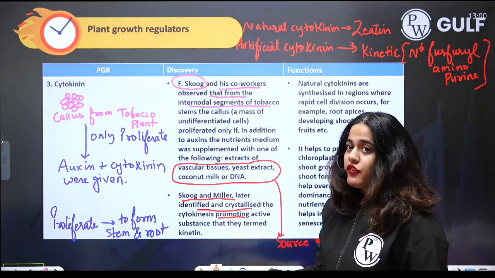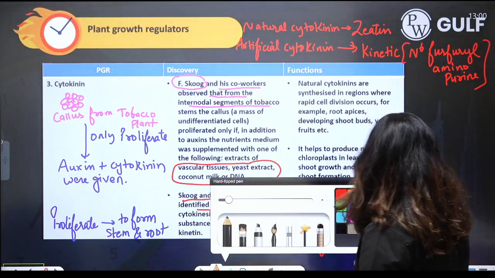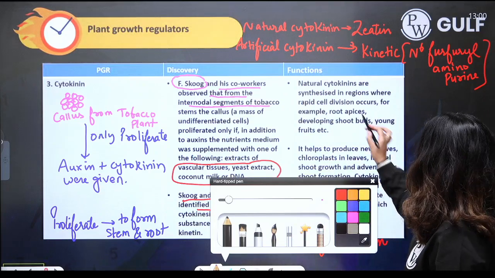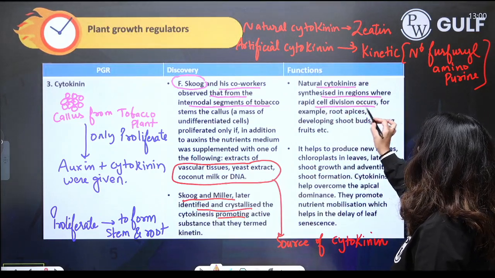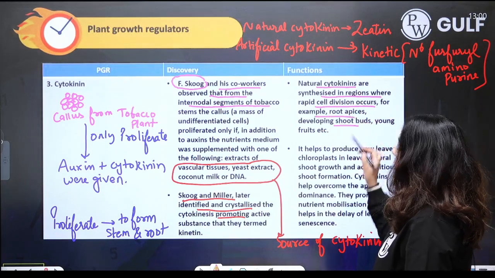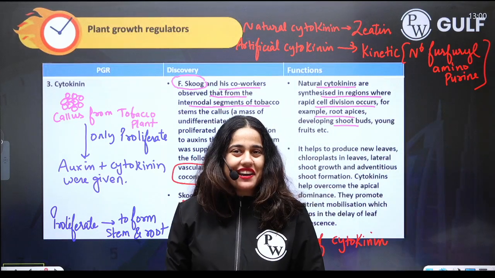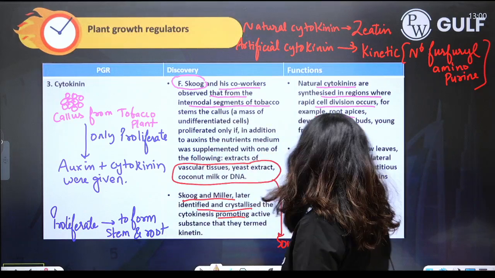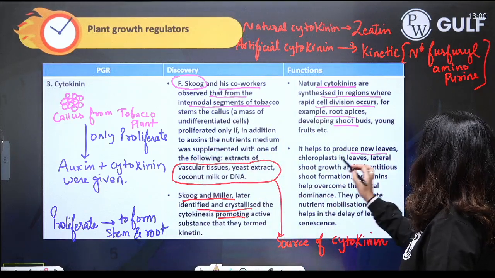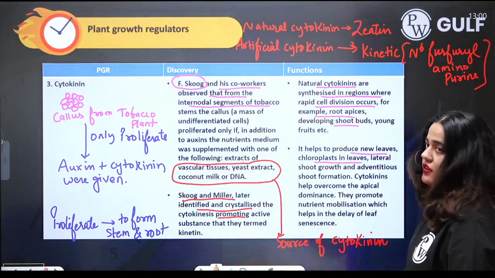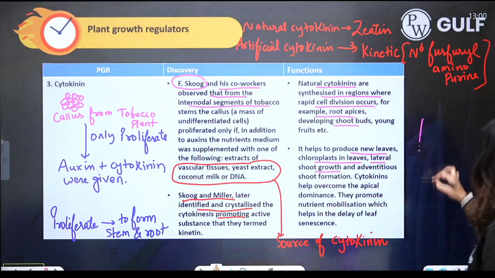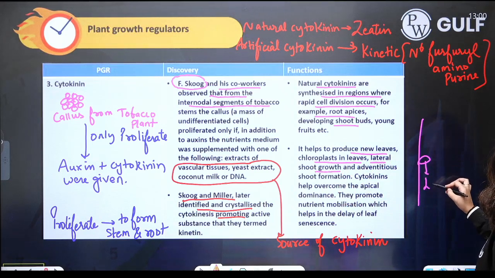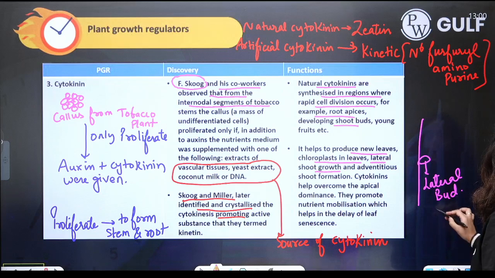Let's see the function of cytokinin. As all of you know, cytokinins are basically synthesized in the region where very rapid cell division is occurring. All the young parts have a high concentration of cytokinin. It helps to produce new leaves, new chloroplasts in the leaf, and lateral bud growth.